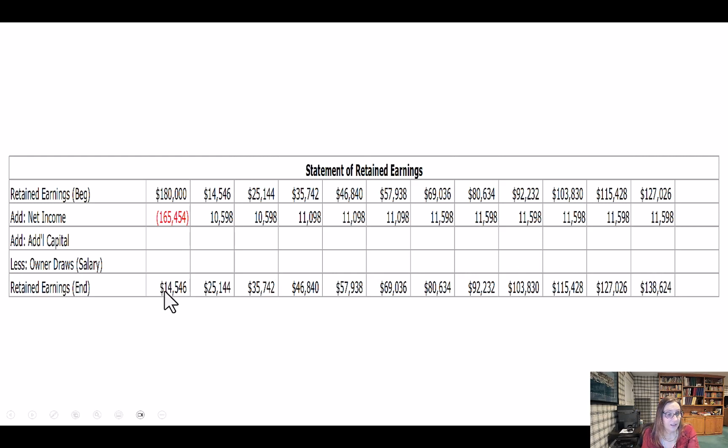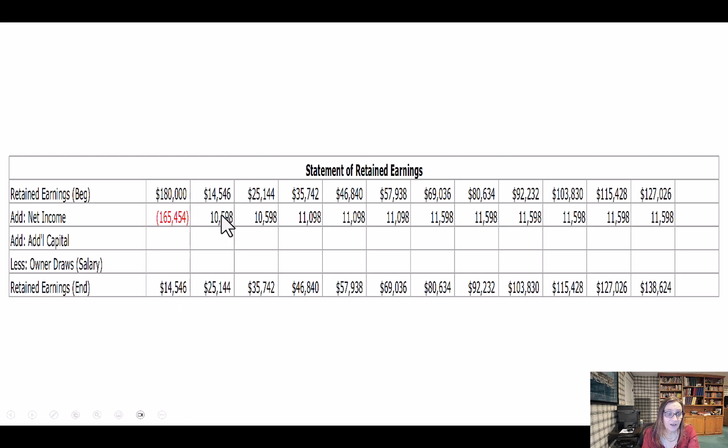The last line is my retained earnings, which takes beginning retained earnings, adds net income, adds any additional capital from the owner, subtracts any of the money pulled out by the owner, and the ending retained earnings becomes the next month's beginning retained earnings.